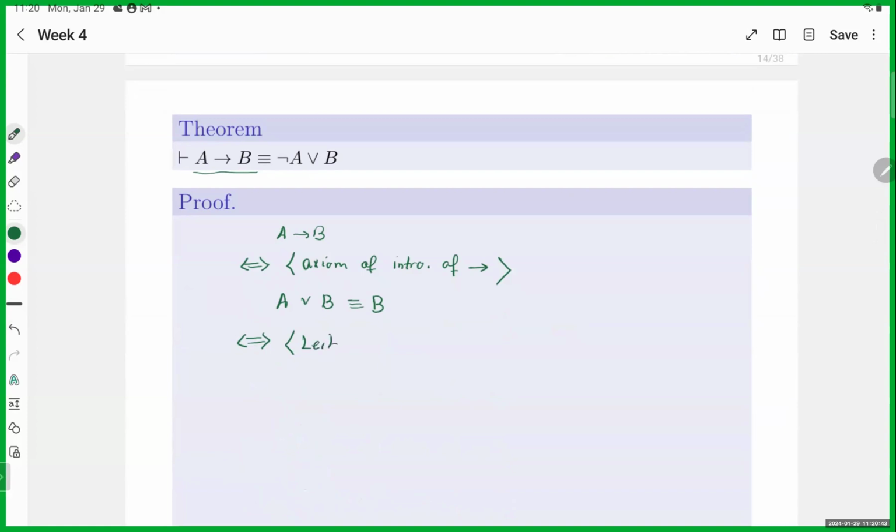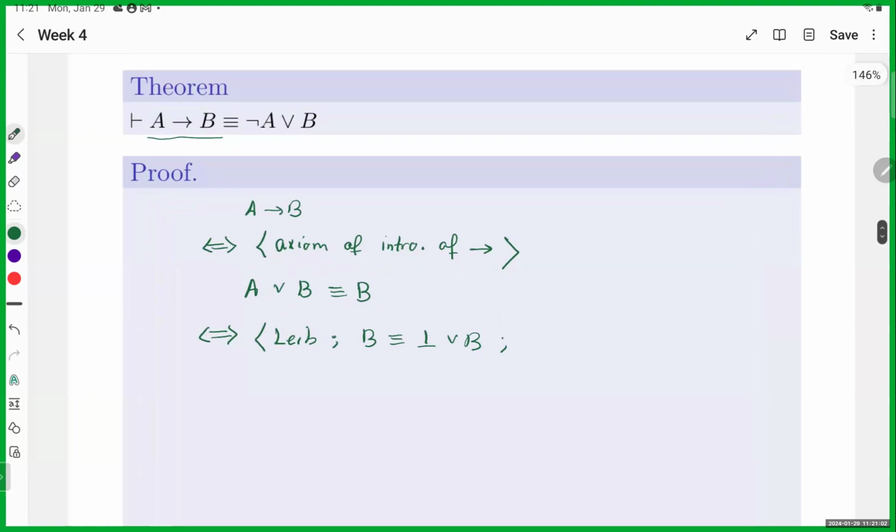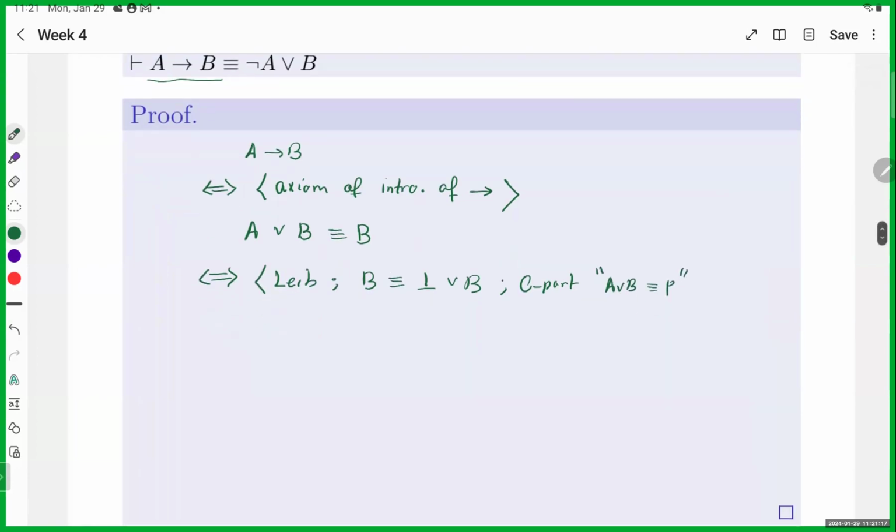So use Leibniz. I know B is equivalent to bottom or B. We proved B or bottom, but bottom or B is just a symmetry applied to it. So I'm going to use it. What is the C part of the Leibniz? This is the part that I wanted to change, so let's call it P. The C part is A or B is equivalent to P, P fresh.